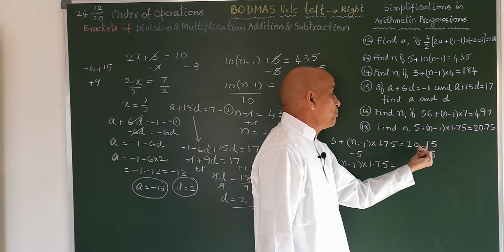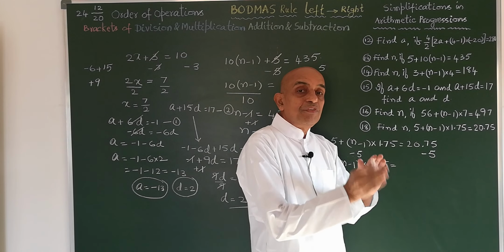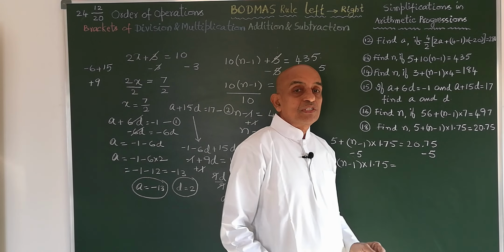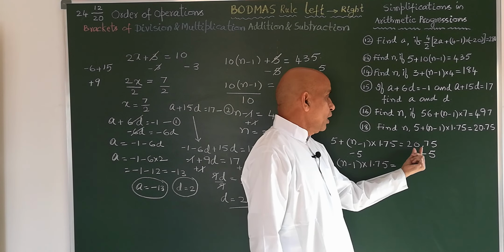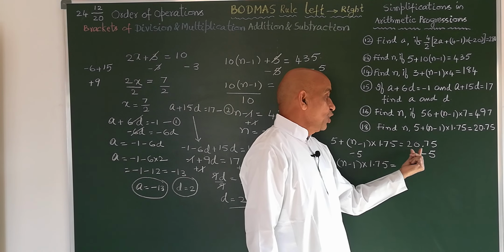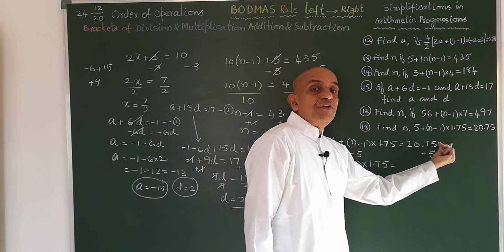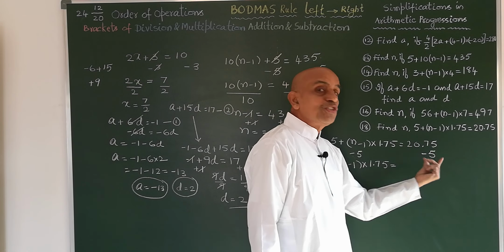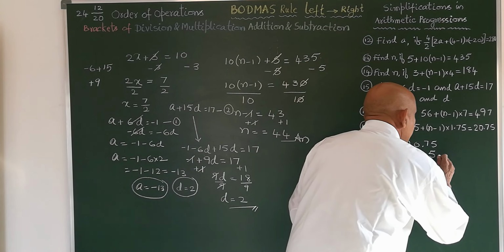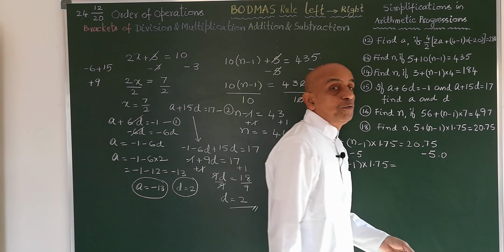this is 20.75. Always compare with money, then your mind works fast. 20.75 means 20 rupees 75 paise. 5 means 5 rupees.